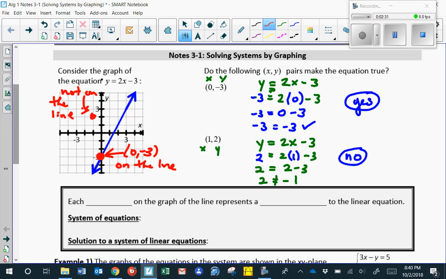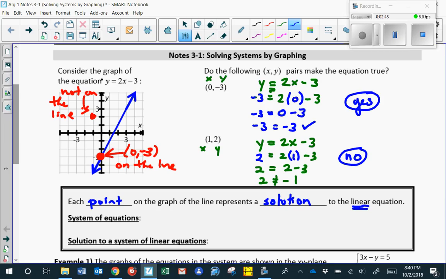So whenever we graph a line, each point on the graph of a line represents a solution to a linear equation. Linear just refers to the fact that its graph is a line.